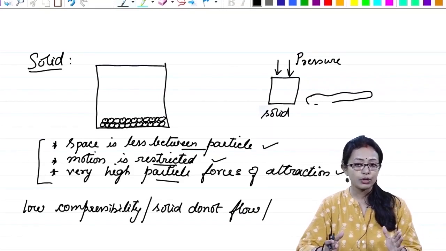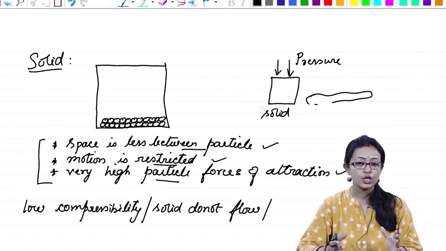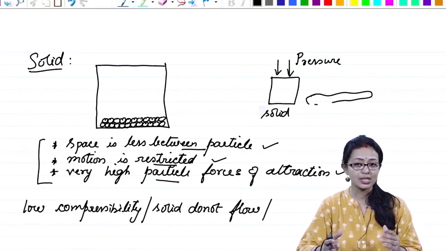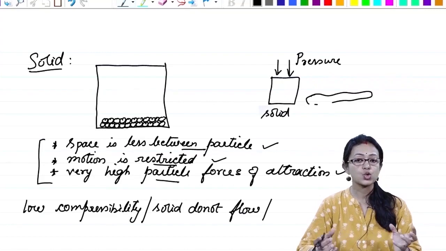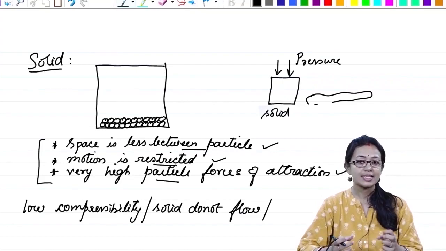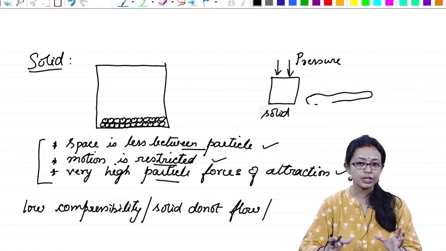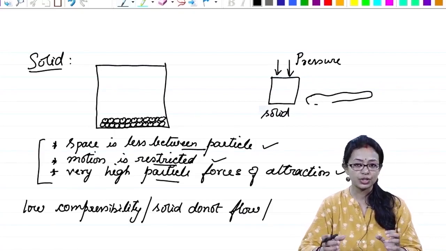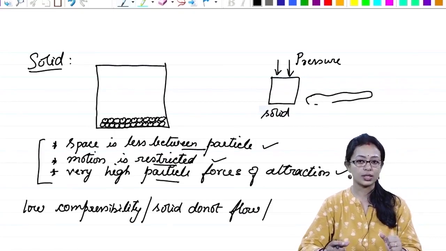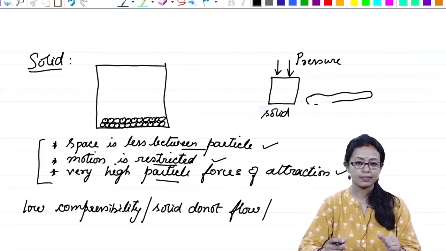And the intermolecular forces present in the solid are very, very high. So all these three characteristics hold the particles so closely knit that it gives rigidity to the shape of the solid, so that even after application of some pressure, you do not find any change in the shape of the solid in normal conditions.